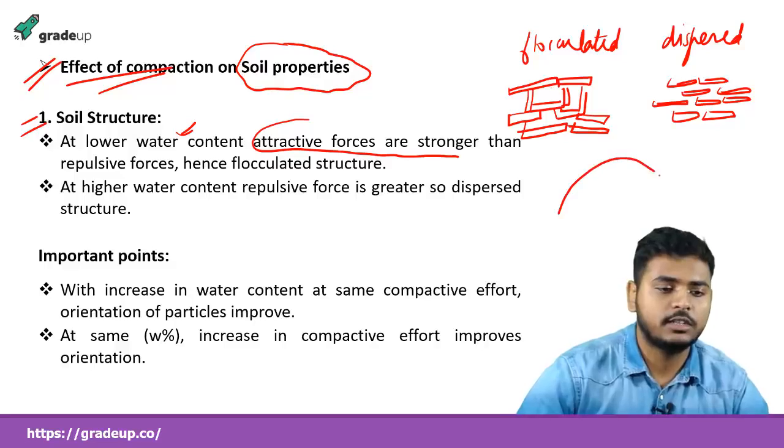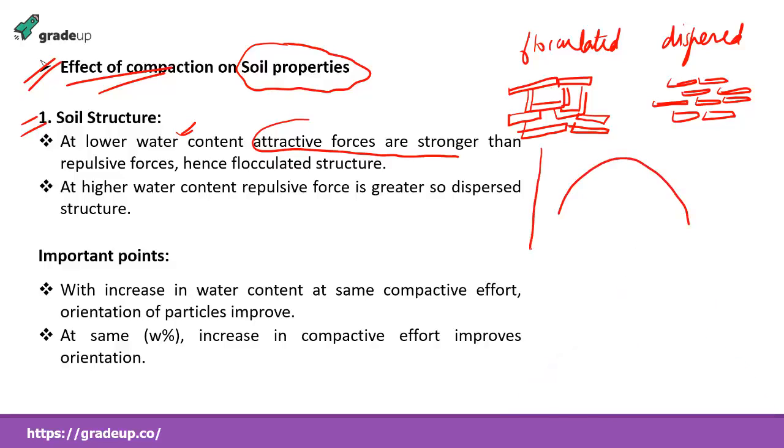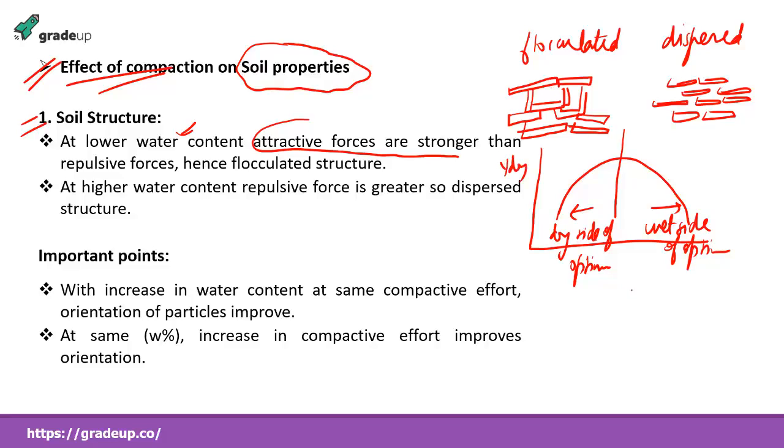Now we see this graph, that is a compaction graph. This is the line of optimum. Okay, in this part we have dry side of optimum, and here we have wet side of optimum. Okay, this we already know is the dry unit weight, and here on the x-axis we have water content.